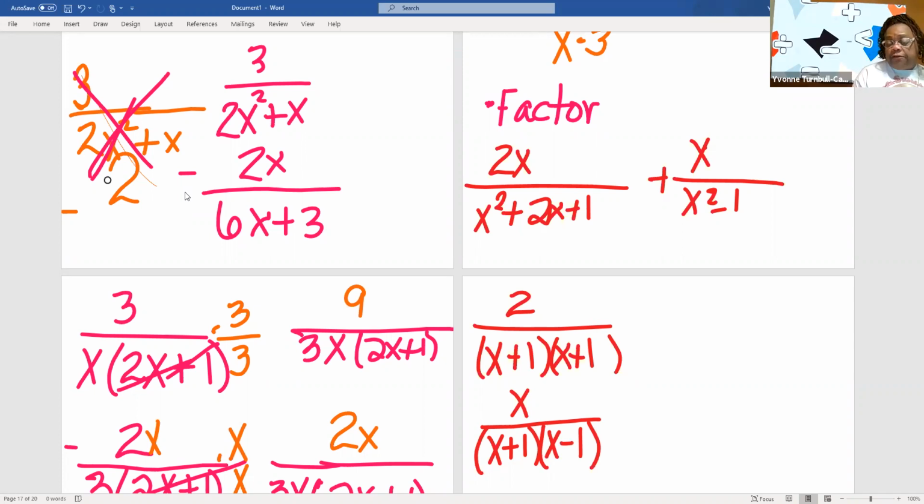So now we're ready to find an LCD. We factored. We're going to identify what they have that's the same. They both have x plus 1. Whatever they have in common starts my LCD. That's x plus 1.